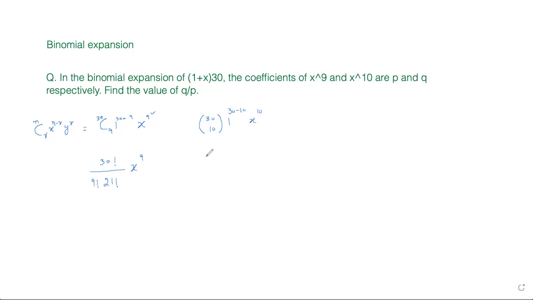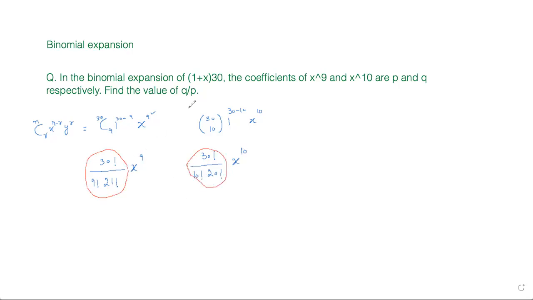Now here we have 30 factorial, then we have 10 factorial and 20 factorial, isn't it? And here we have x power 10. So we can see that this is the coefficient of x power 9, and this is the coefficient of x power 10.